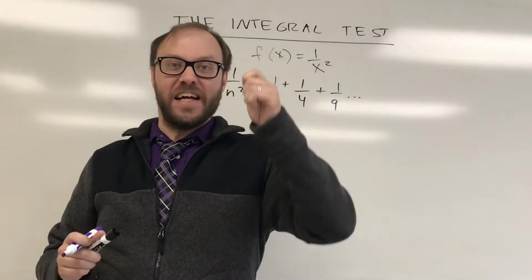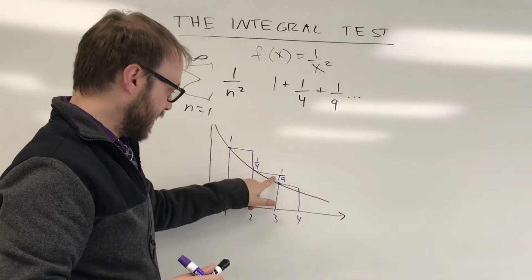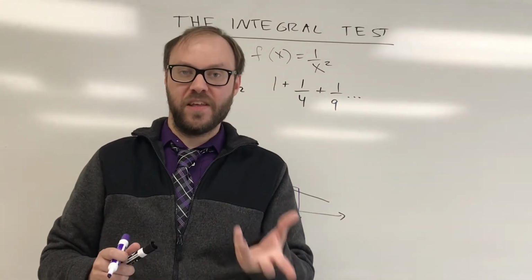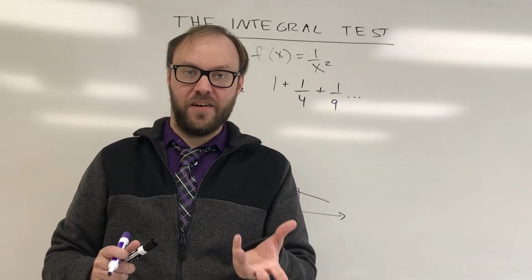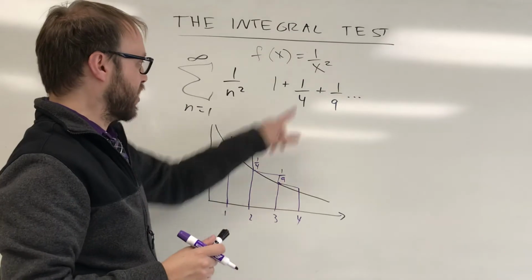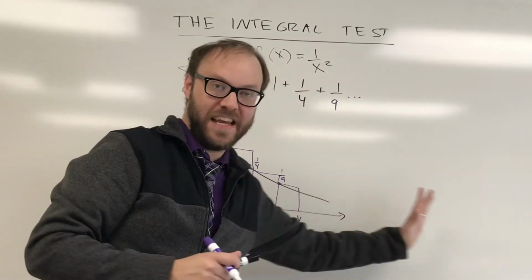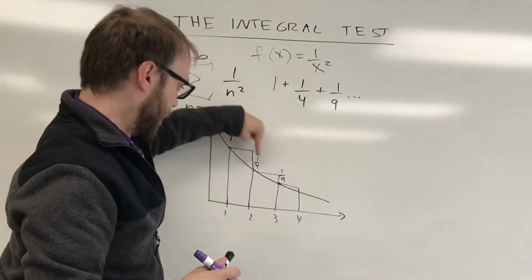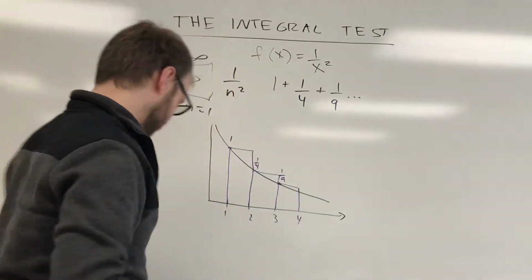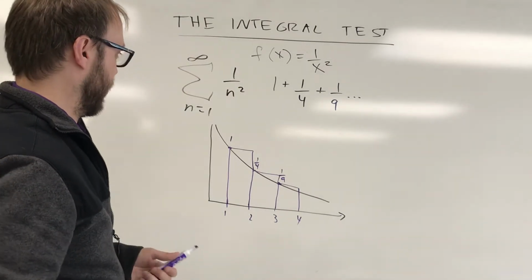If the integral diverges, my series terms are all greater than or equal to the original function that I'm comparing it to. And so if the area under the function is infinite, then certainly when I add up these terms, they're going to be infinite because they're going above the curve, all right?